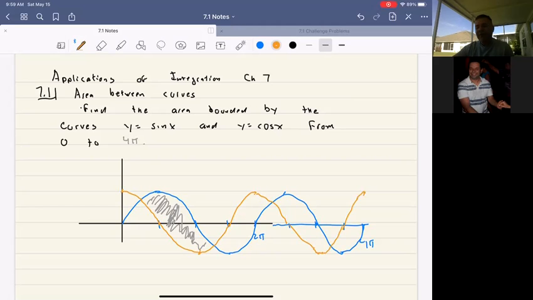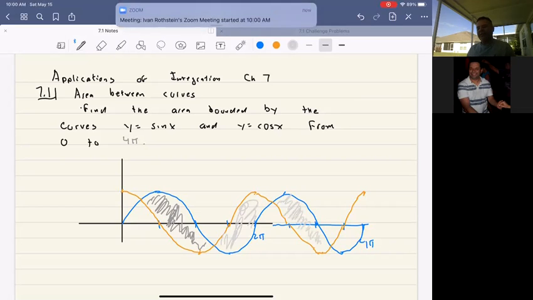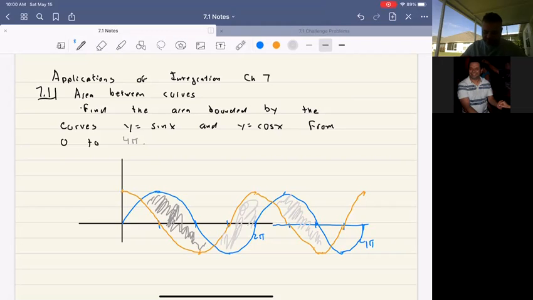Now we're actually going to have 3 different areas. It doesn't even cost us any more work, so that's why I decided to extend it.